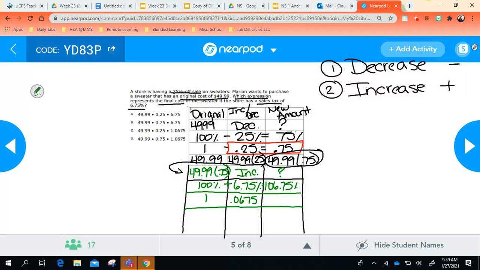Same conversation I had yesterday with you. Just because there's a decimal in your percent does not mean it's in decimal form. You still have to divide by 100. Because if not, the rest of your problem is going to be completely incorrect.